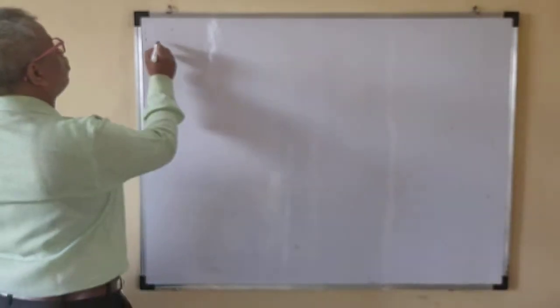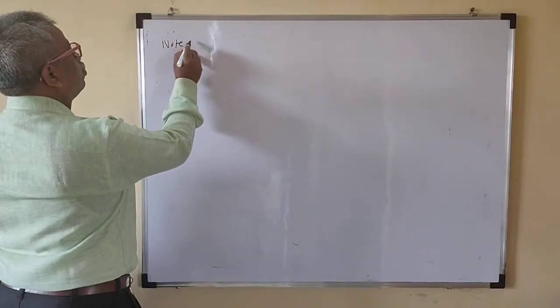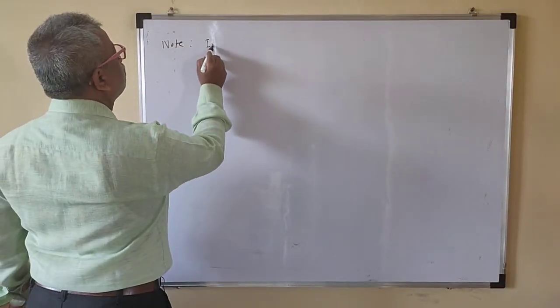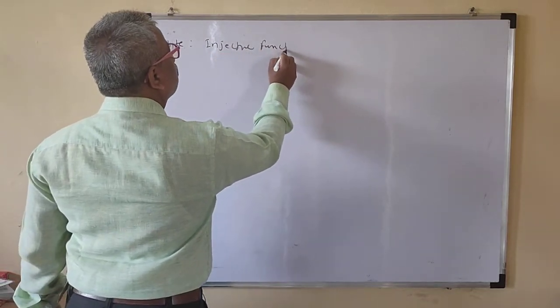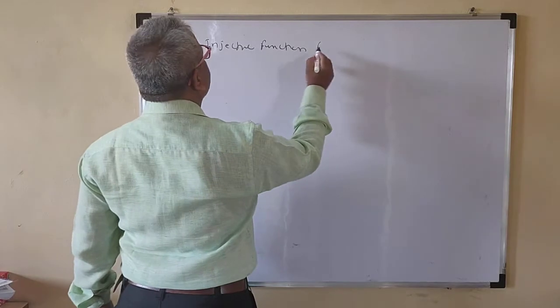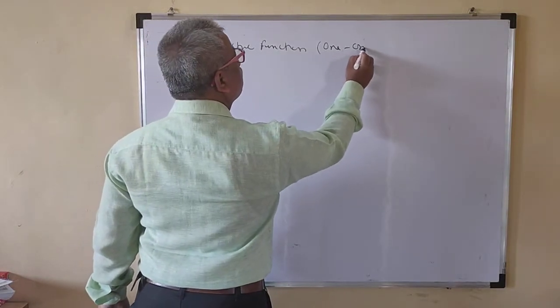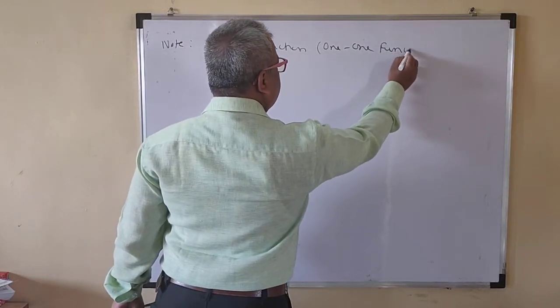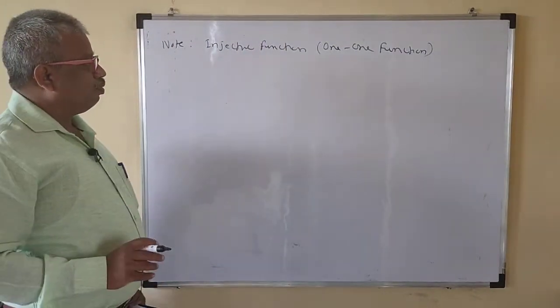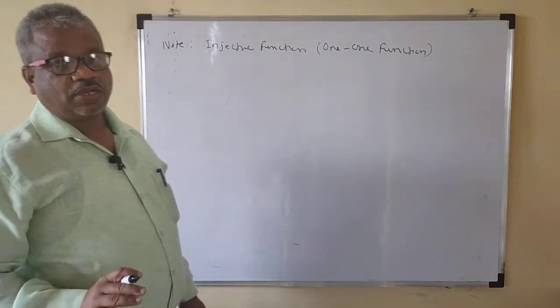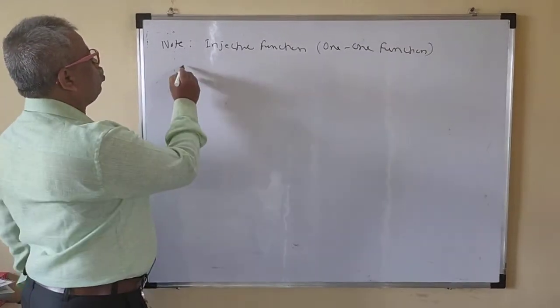Okay, so we'll write the note. Note. Injective function. You know that injective function is what? 1 to 1 function. Okay. So how to prove that the function is 1 to 1, right? So we'll write two notes now here.